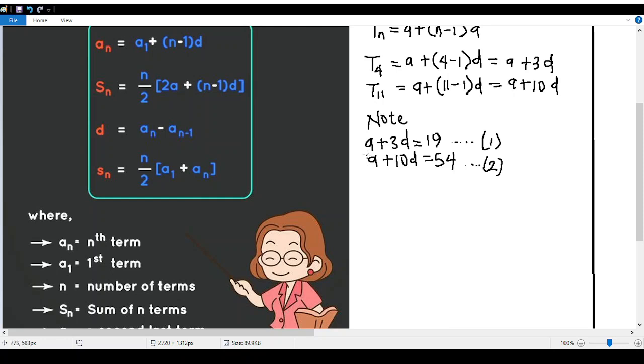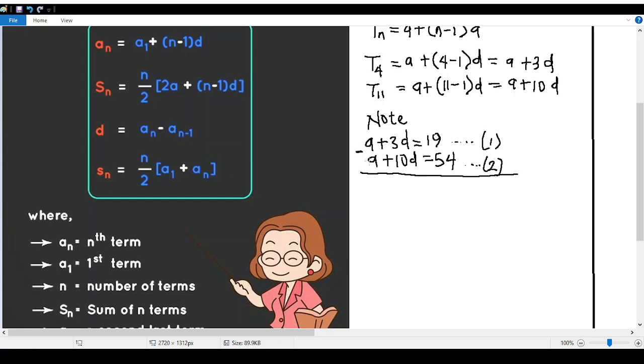Now, a has a common coefficient as a in the other equation. The coefficient here is 1. So going straight in, let's say minus.